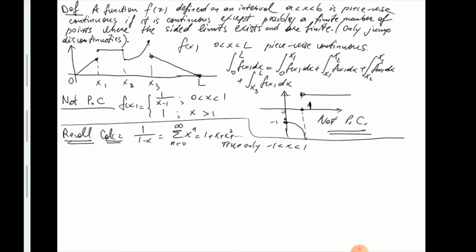So we will expect that when we come up with a series representation, it's not necessarily going to be defined for every x. You have to make some assumptions on these functions such that those series are defined. For now, we're going to assume that these conditions are satisfied. But one of the main conditions to start with for this function is that it should be piecewise continuous, and that's why we start with this definition.